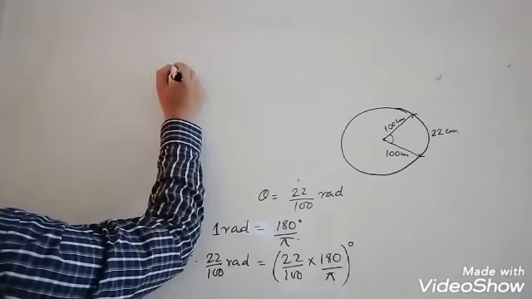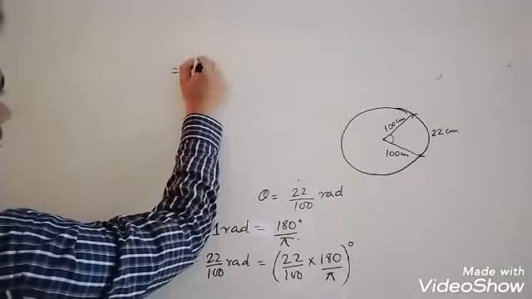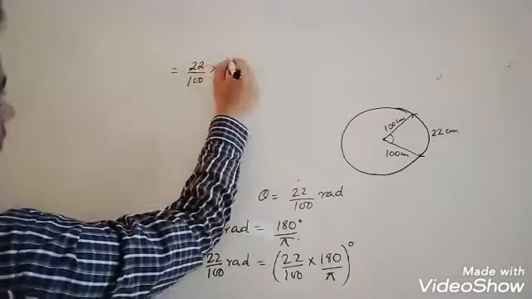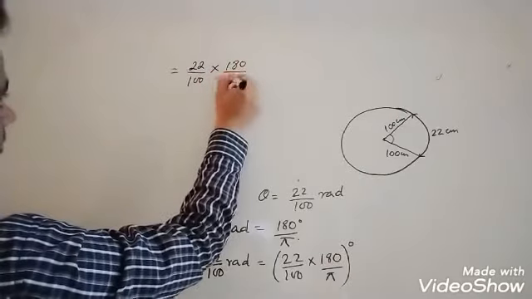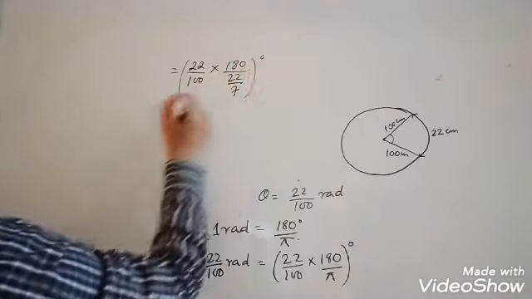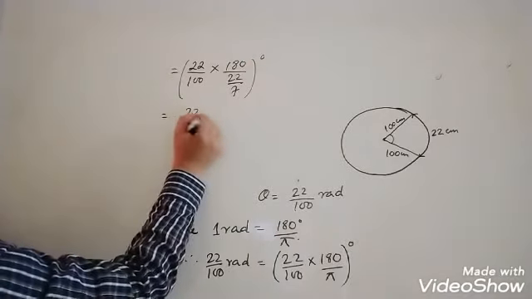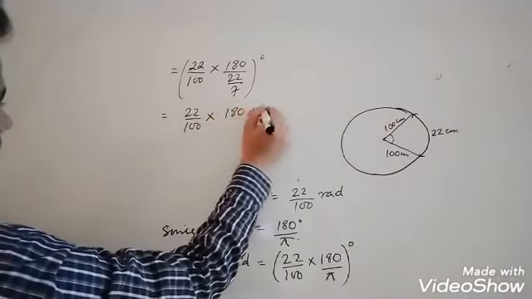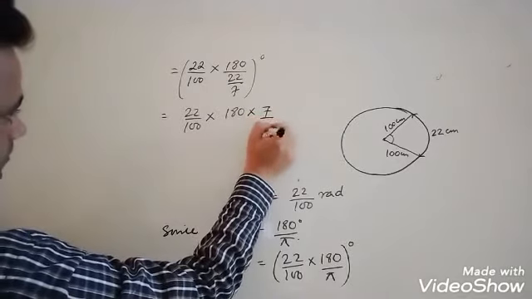So this equals 22 by 100 into 180 divided by 22 upon 7. After that, 22 by 100 into 180 into 7 by 22.